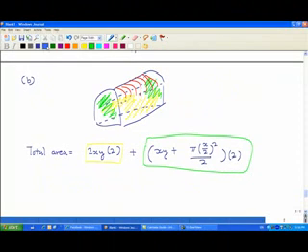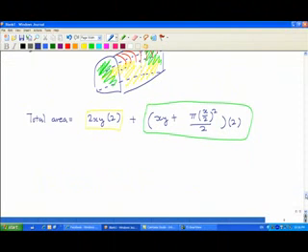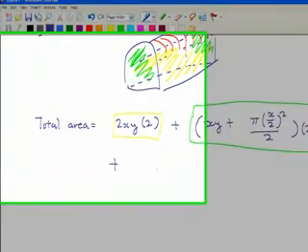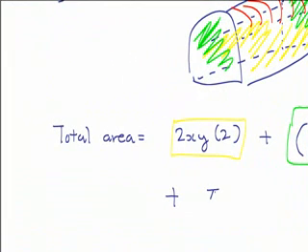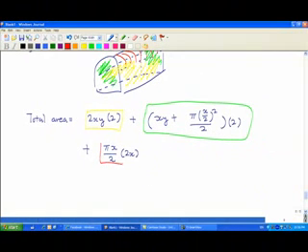Then for the red color area, I need to find the circumference of the curve, which is just pi d, in the sense pi times x over 2, because only half of the circumference, multiplied by 2x. No multiplication of 2 because I only have one curved region.